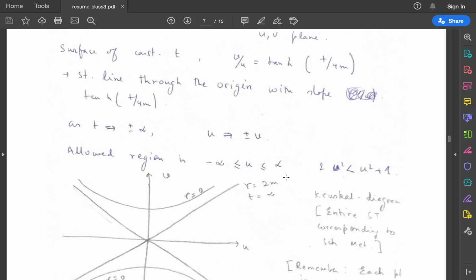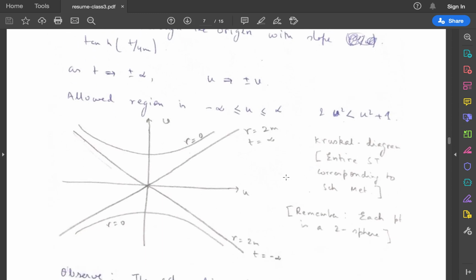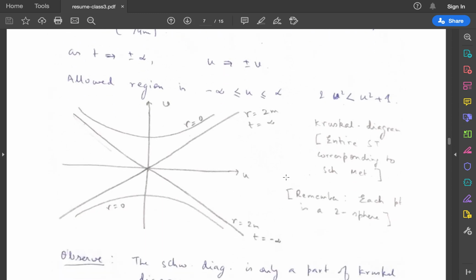Now if I draw this metric in the Kruskal diagram, we get the entire space-time corresponding to the Schwarzschild metric. In Schwarzschild coordinates we were only getting some part of the solution of the Einstein equation. However, in Kruskal coordinates we get the whole space-time of the Schwarzschild metric.